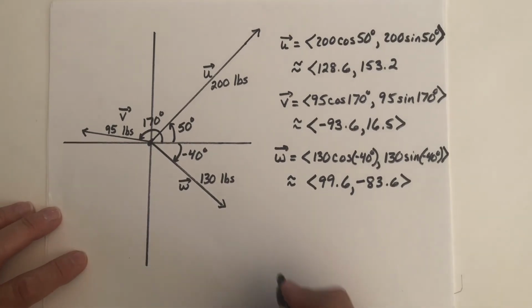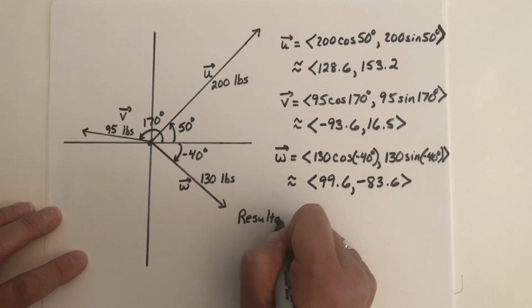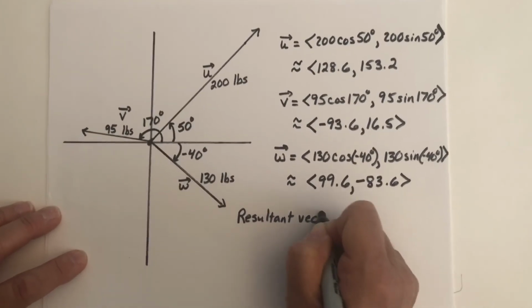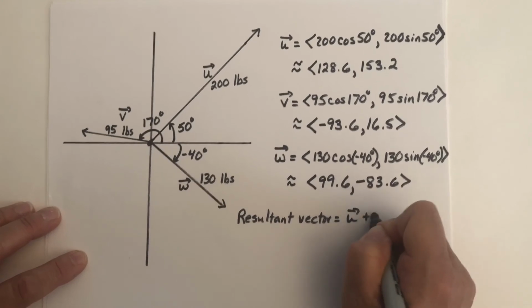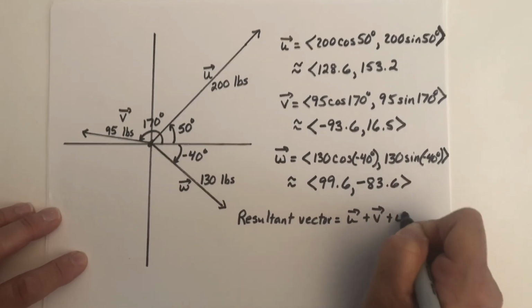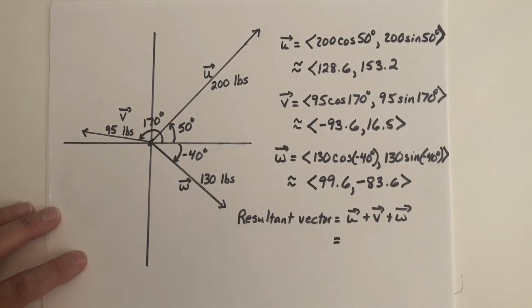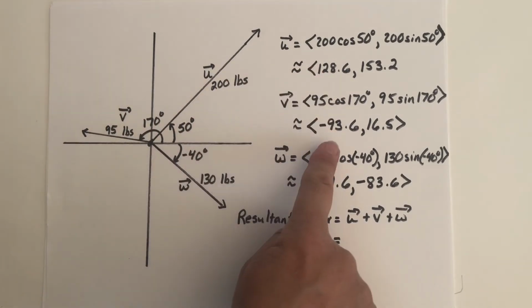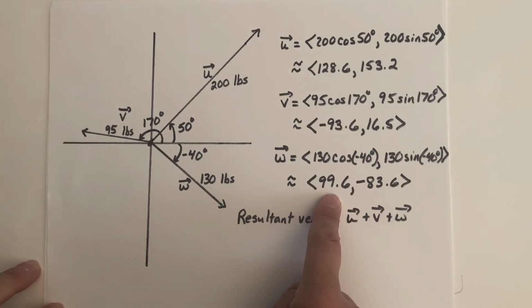So the resultant vector, let's find it right here, which we know is u plus v plus w, means we will add all of the x components. So we're adding 128.6 plus negative 93.6 plus 99.6.